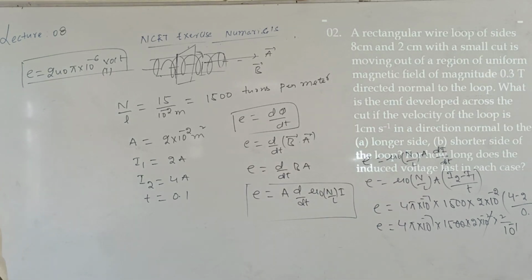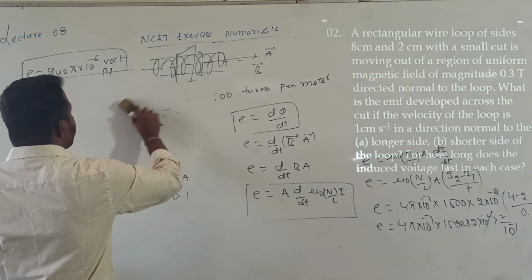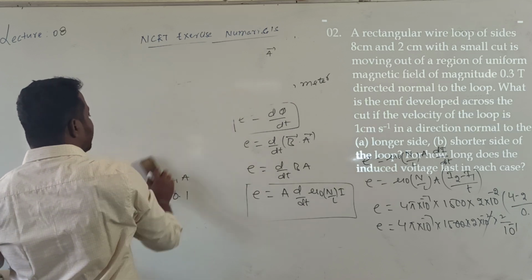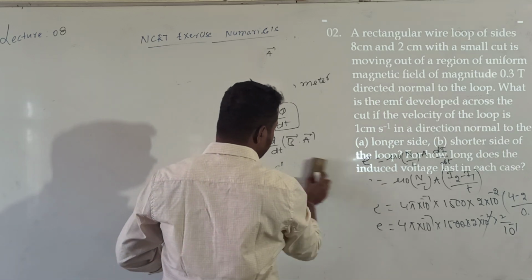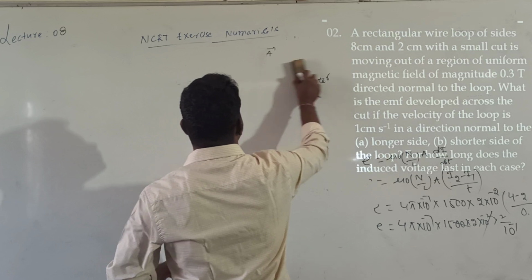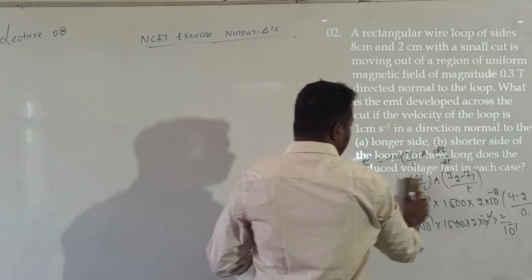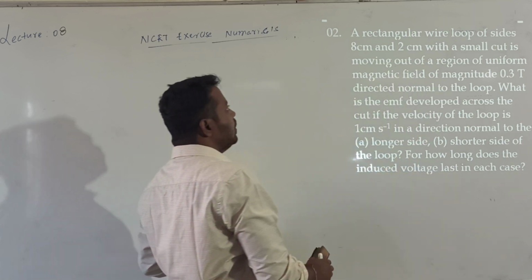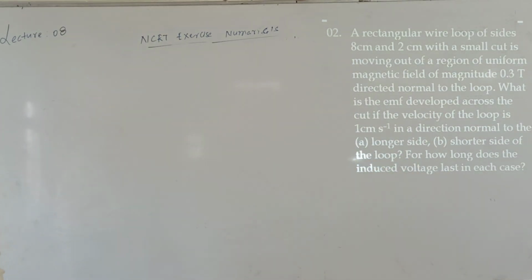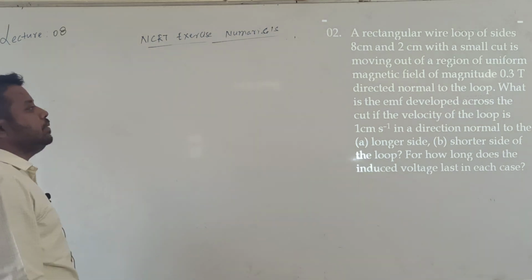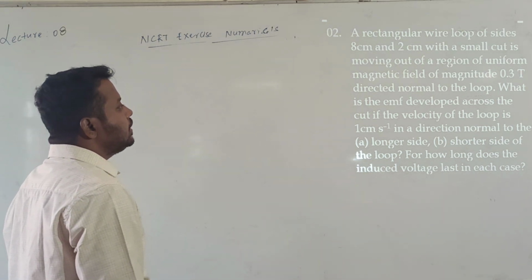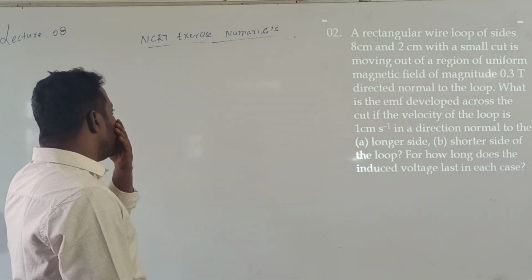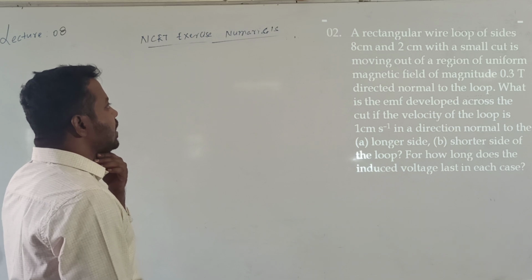Next, question number 2. Second question. So what is the second question is, a rectangular wire loop, sides 8 centimeters and 2 centimeters, with a small cut, is moving out of the region of a uniform magnetic field of 0.3 Tesla.